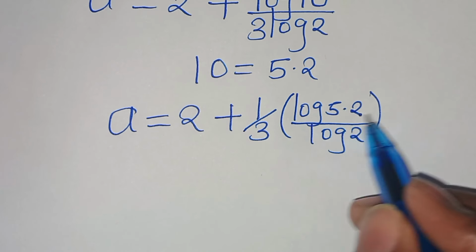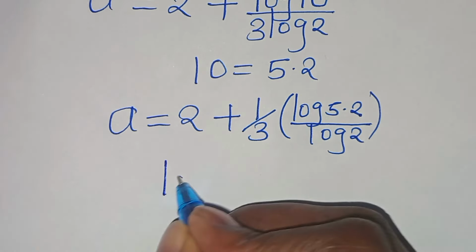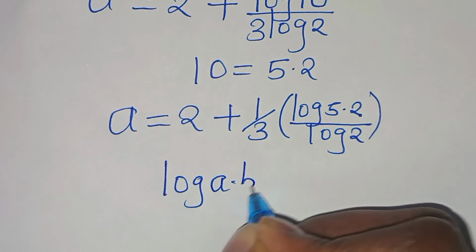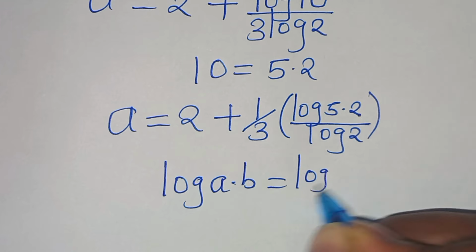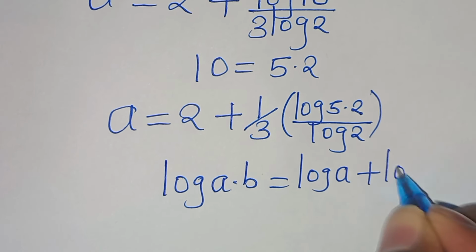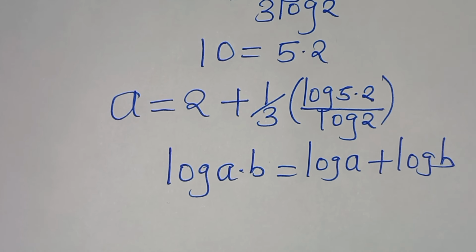So you find that log 5 times 2 is in the form of log a times b, which we can express as log a plus log b. Applying this logarithm property here, then we have that a is equal to 2 plus 1 over 3 log 5 divided by log 2, then plus 1 over 3 log 2 divided by log 2.